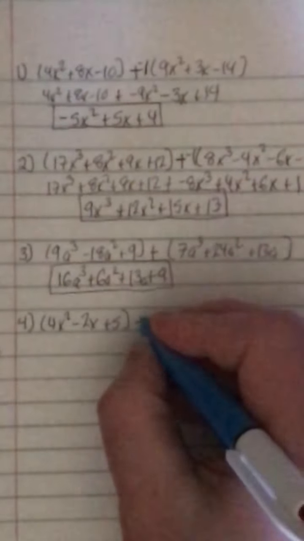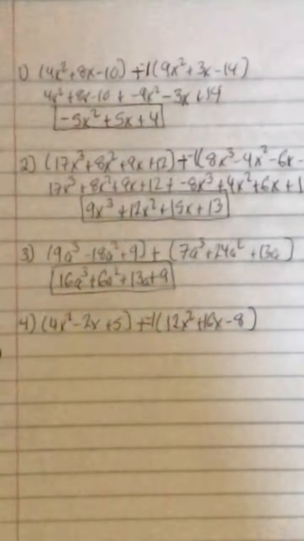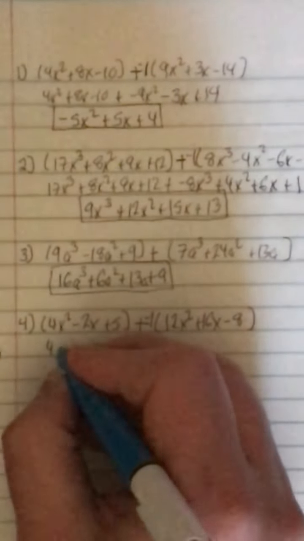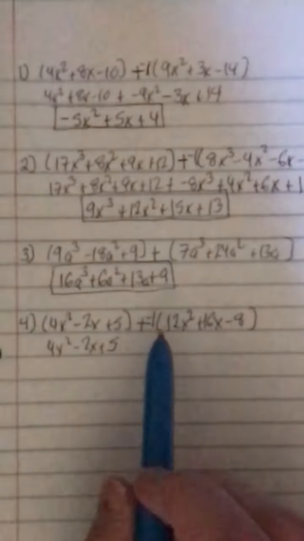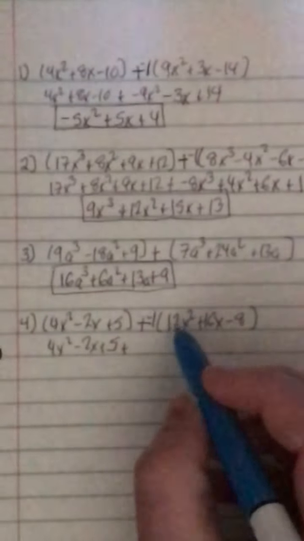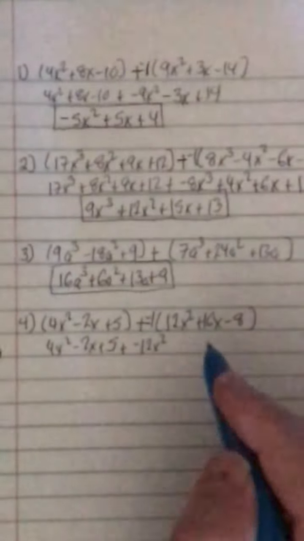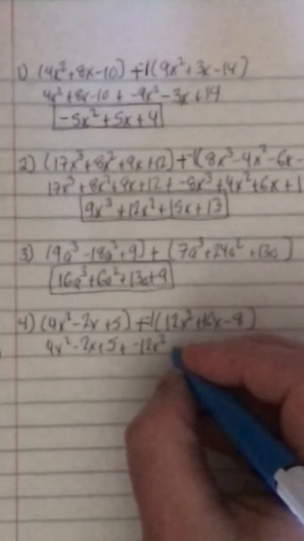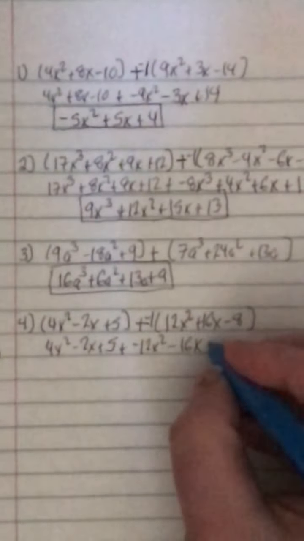Once again, plus negative 1. All right, so you have 4x squared minus 2x plus 5. Distribute that negative 1. Negative 1 times 12x squared is negative 12x squared. Negative 1 times 16x is negative 16x. Negative 1 times negative 8 is positive 8.